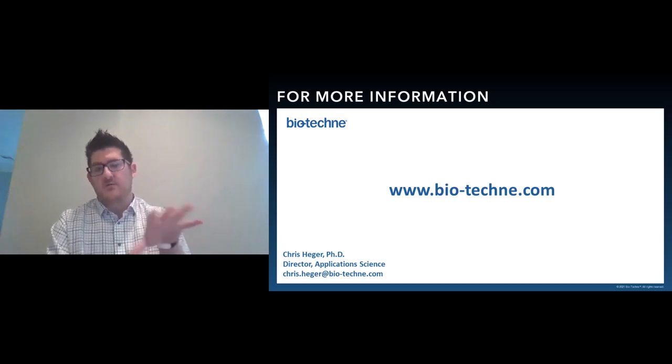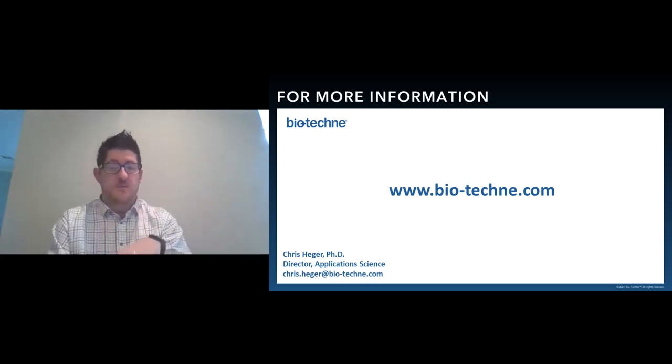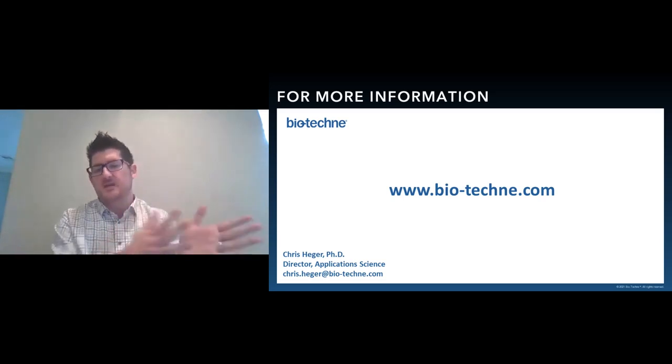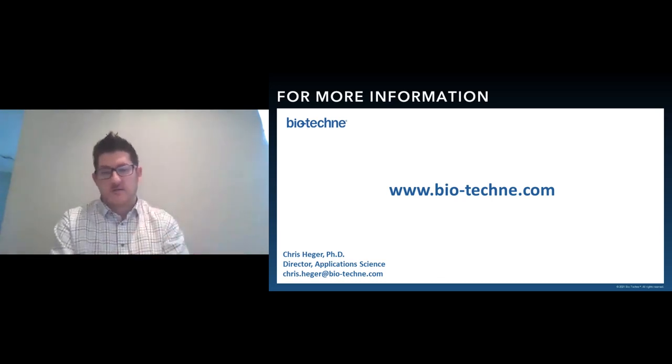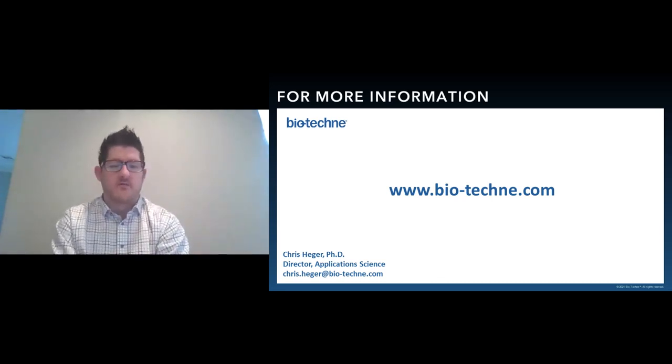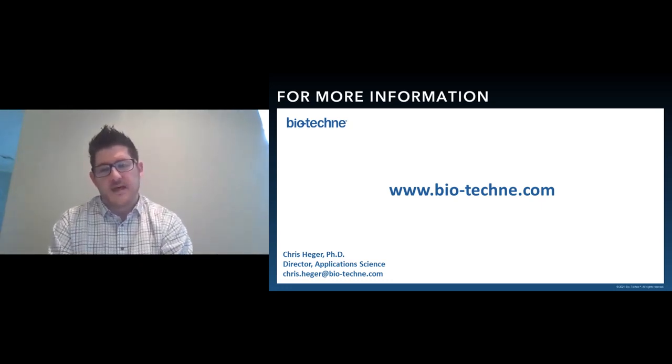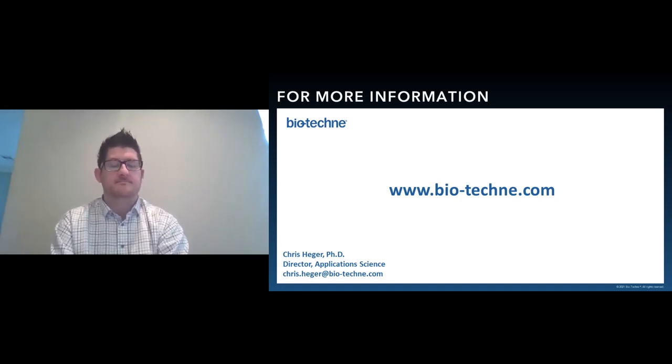And as I showed through the comparison of the Simple Western and Maurice data, we know roughly which VPs are which in that separation. And so if there are massive changes on one side of that chromatogram, we know that there's a stress there, and that could be important for developing a more robust AAV where you, for example, modify some amino acids in VP1 to make it more stable.